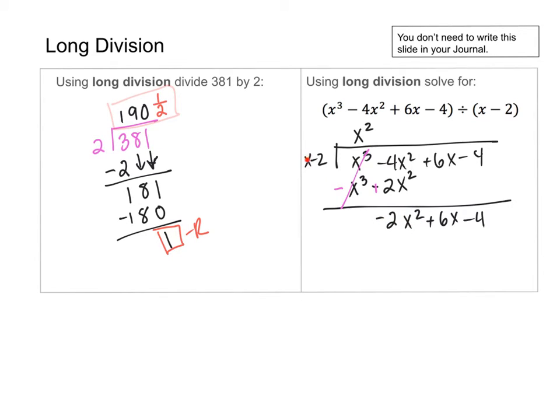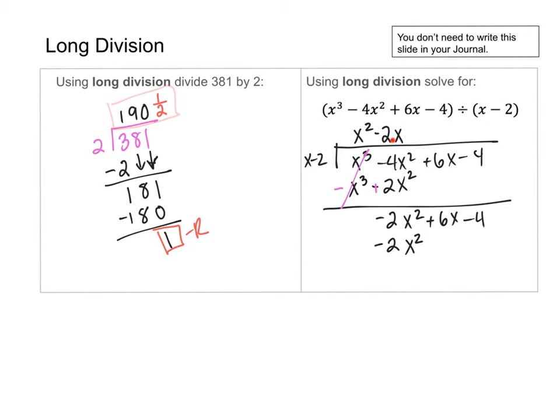So I'm going to see, what do I need to multiply to this x to make it a negative 2x squared? Well, in that case, I need a negative 2 to make a negative 2 as a coefficient and an x, because x times x gives you x squared. So I multiply negative 2x with x, I get negative 2x squared.